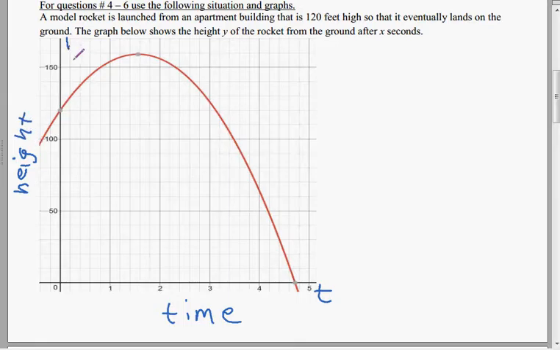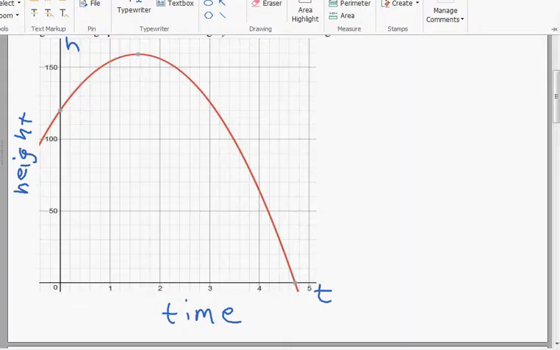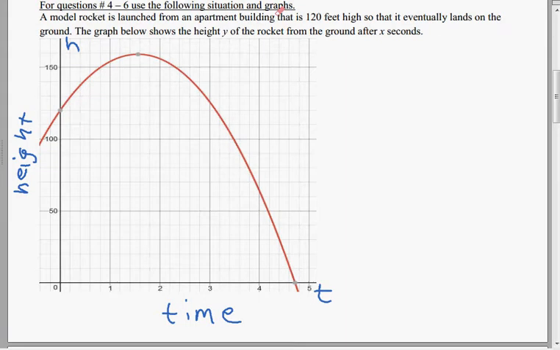I'm sorry, it actually does give the variables as x and y: y feet after x seconds. So time in seconds, height in feet.